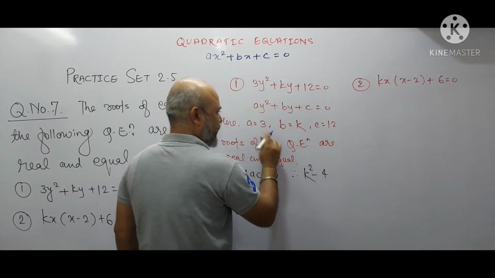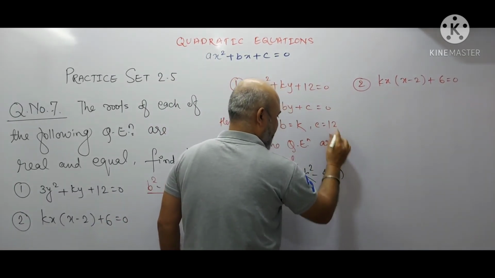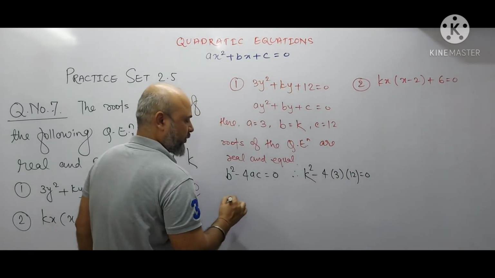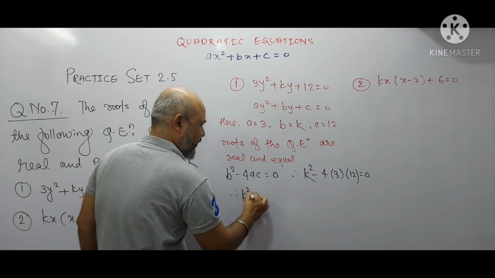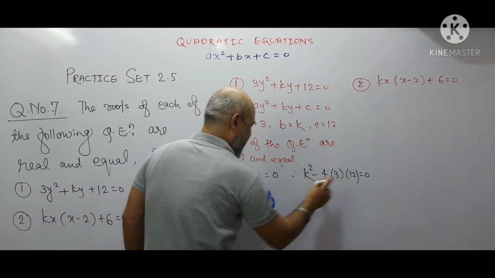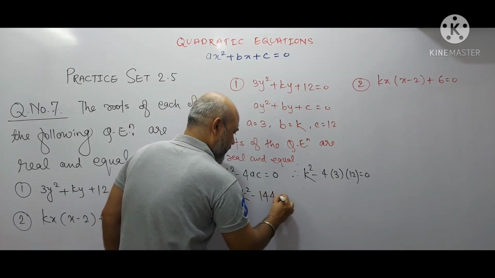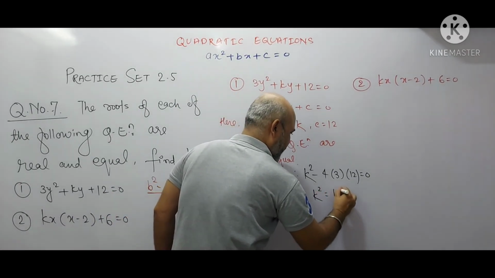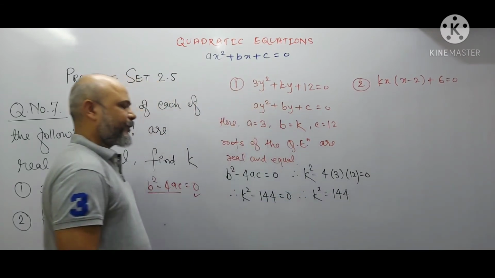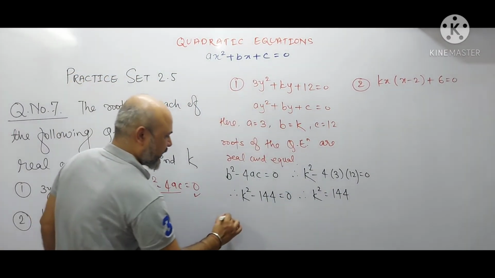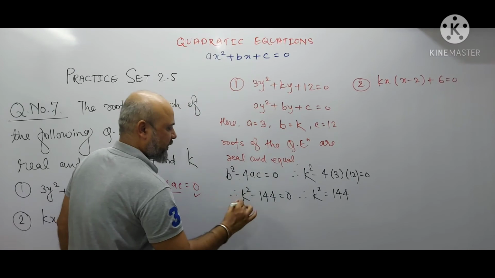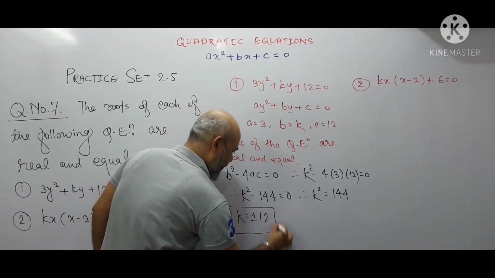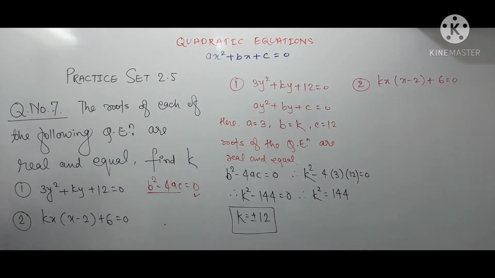What is a? a is 3 and c is 12, and this is equal to 0. Therefore, write k square minus 4 3s are 12, 12 12s are 144, equal to 0. Therefore, k square is equal to 144. By taking square root, you will get the value of k is plus minus 12.